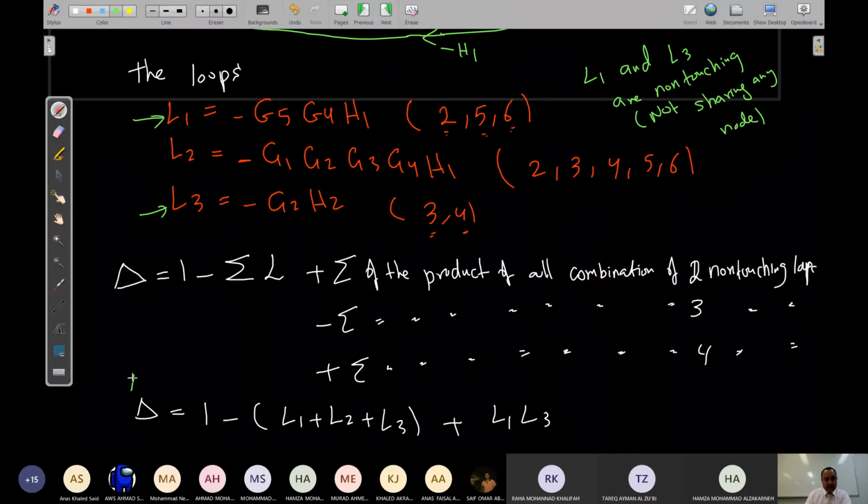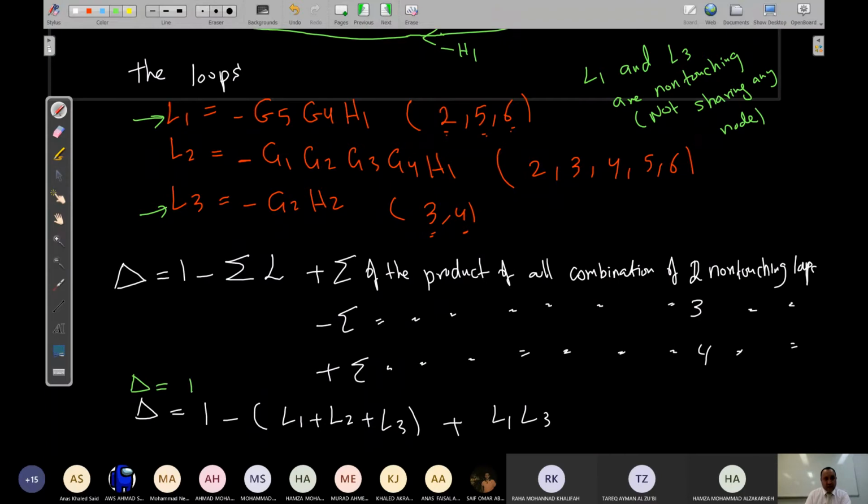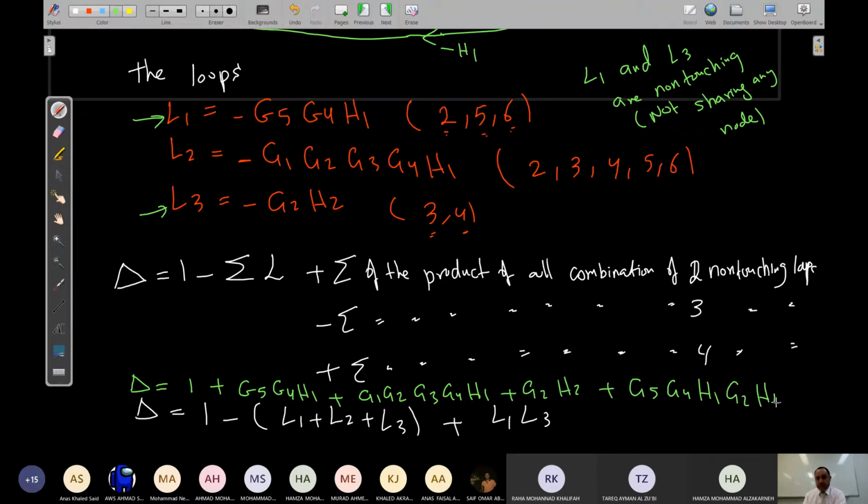Then here I can write delta equal to 1 plus G5 G4 H1 plus G1 G2 G3 G4 H1 plus G2 H2 plus the multiplication of L1 and L2, which is G5 G4 H1 G2 H2, correct?